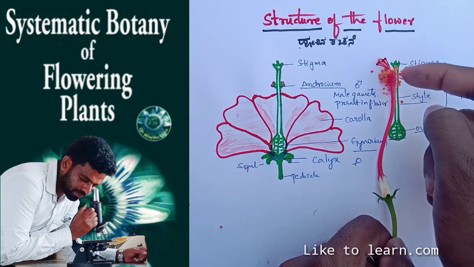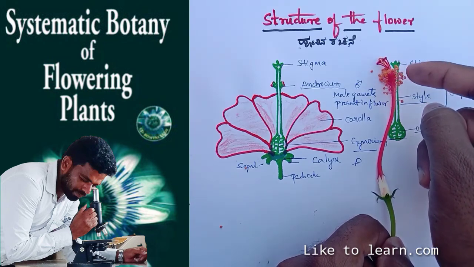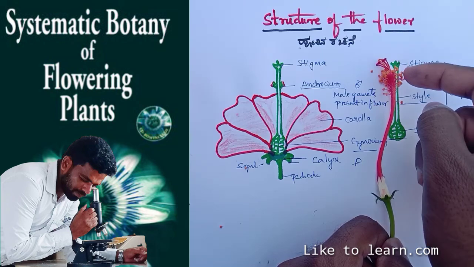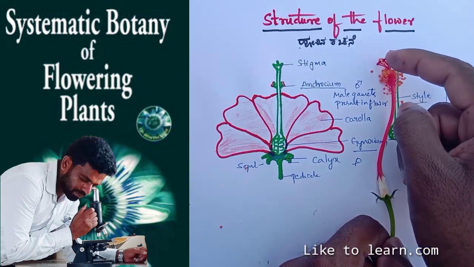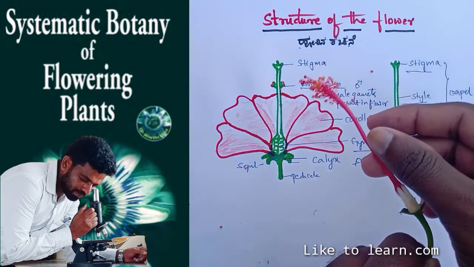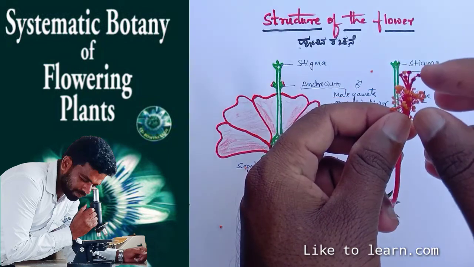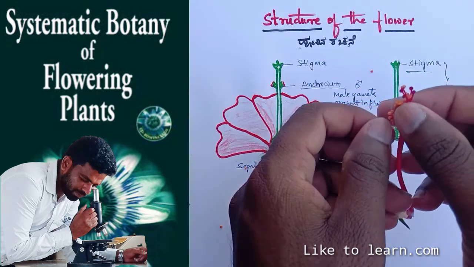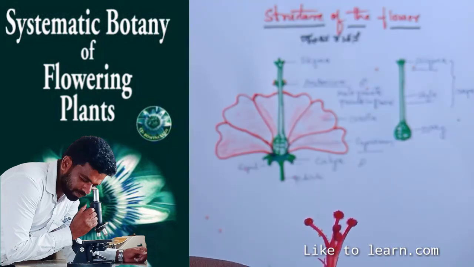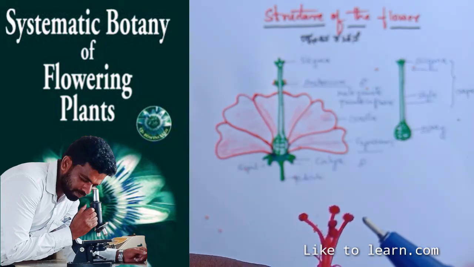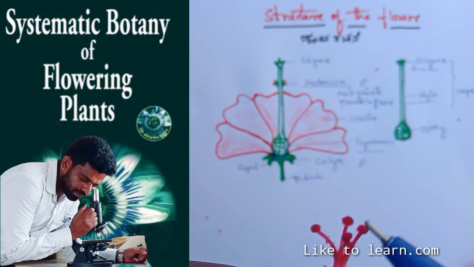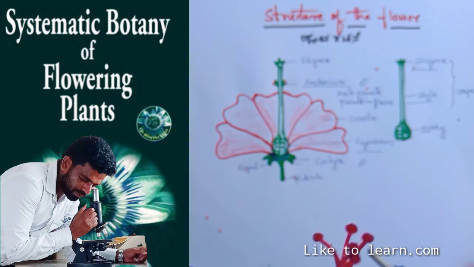You already know that pollen grains are present in the stamens. This is the stigma. See, this is the stigma surface, which helps in the secretion of a gelatinous substance at the time of germination of pollen grains.